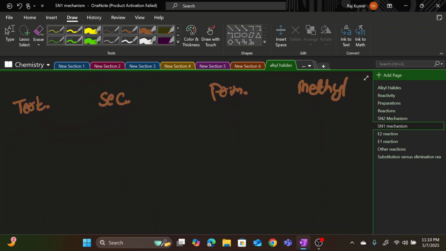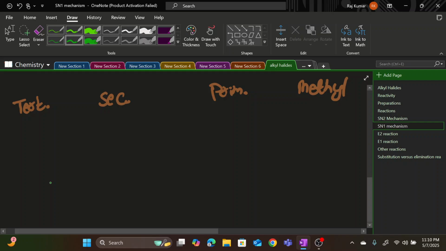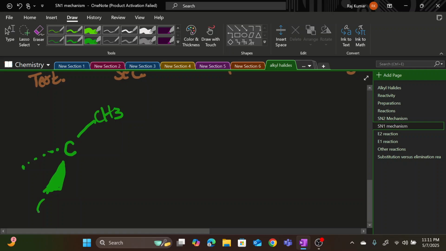If I were to draw their structures, it would be like this. Carbon, CH3, CH3, CH3.